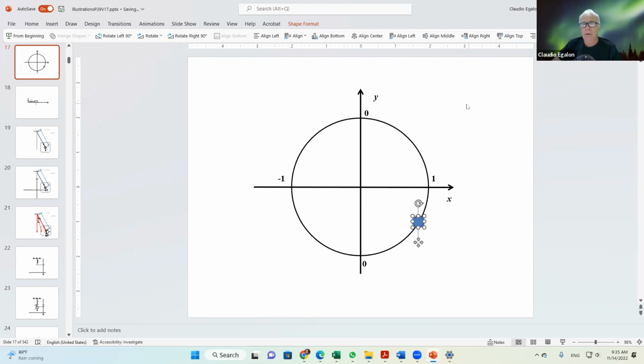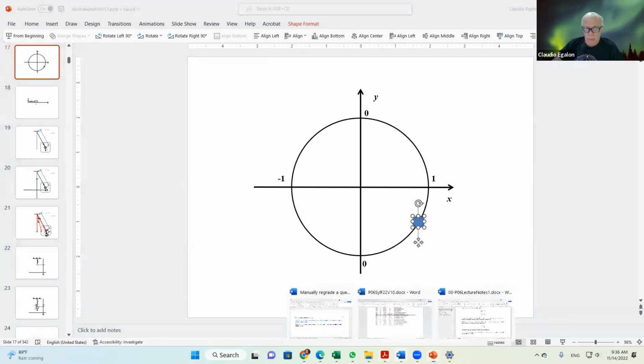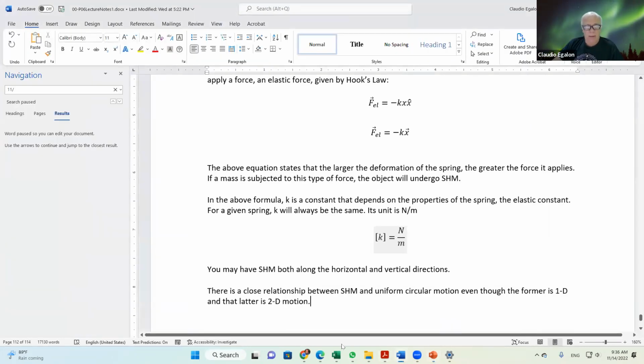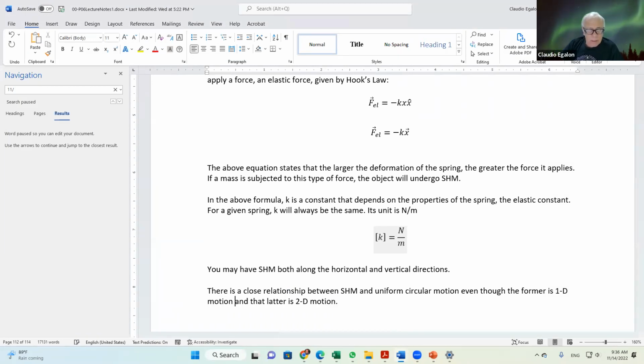And the projection of the shadow of this particle on a screen right in here is going to move, like in uniform circular motion, in simple harmonic motion, up, back and forth, okay? So that's the relationship between simple harmonic motion and uniform circular motion. There's a close relationship between SHM and uniform circular motion, even though the former is 1D motion and the latter is 2D motion. Okay?